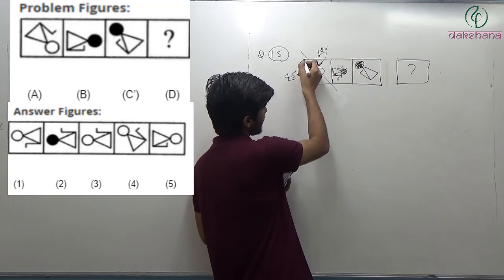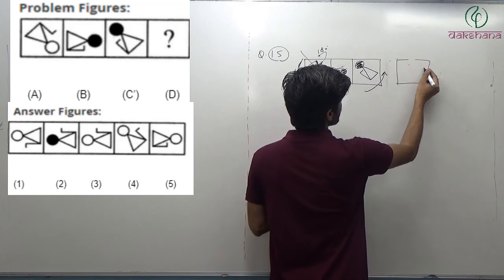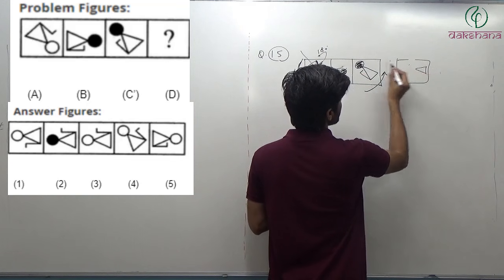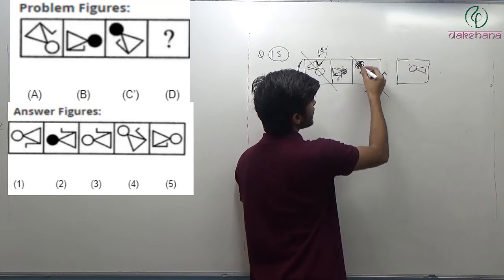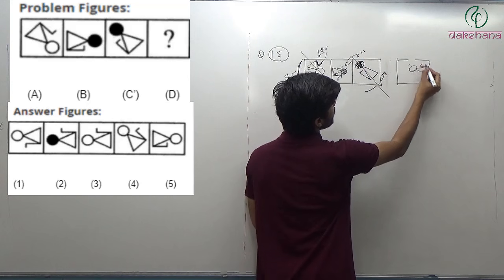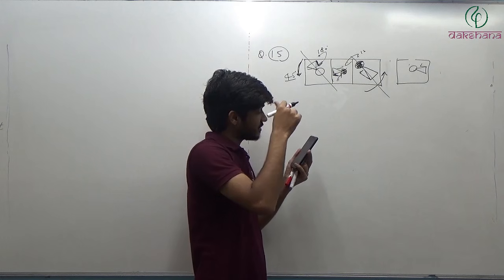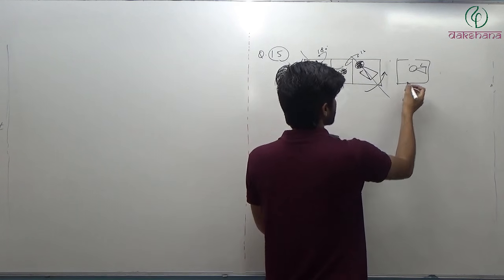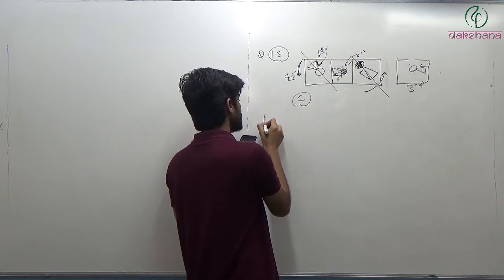Now simply we rotate it in the anti-clockwise direction, so it should come somewhere here, and this, which is filled, would be empty. This thing you also have to rotate by 180 in this direction, so it would go like this. This is given in the third figure, and option number C would be the right answer.